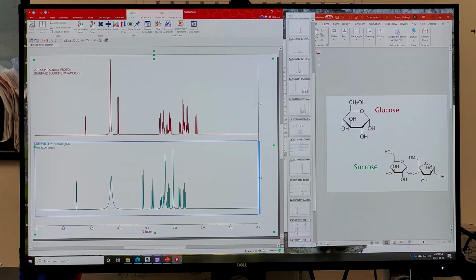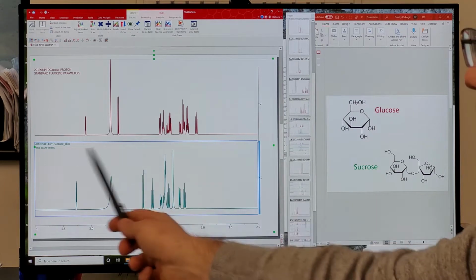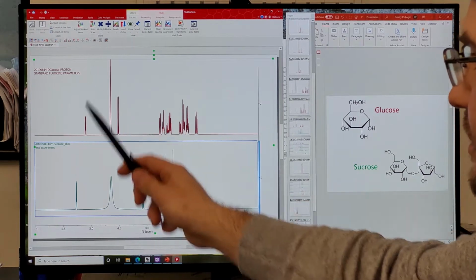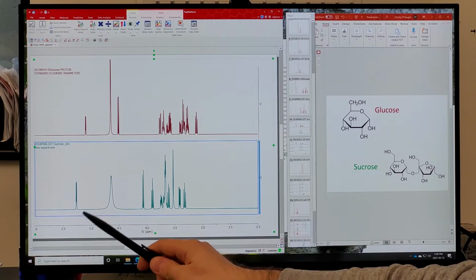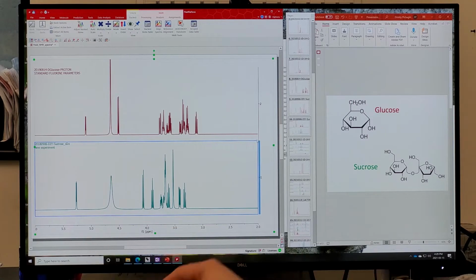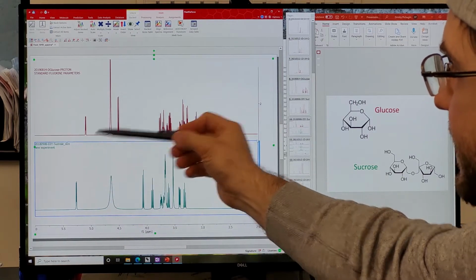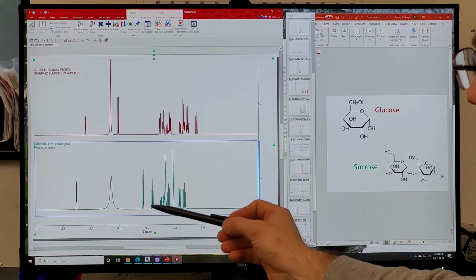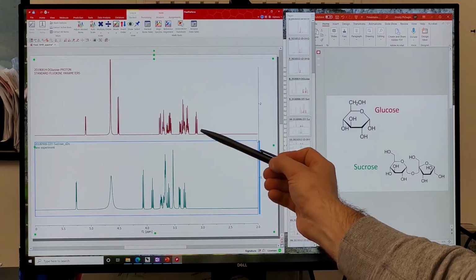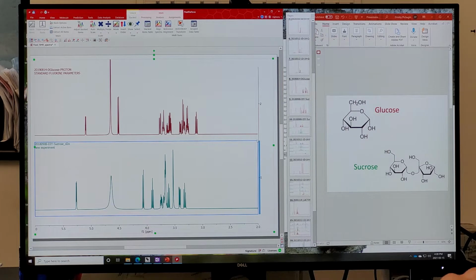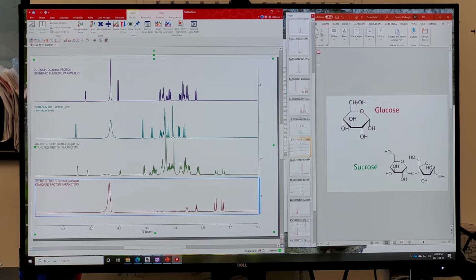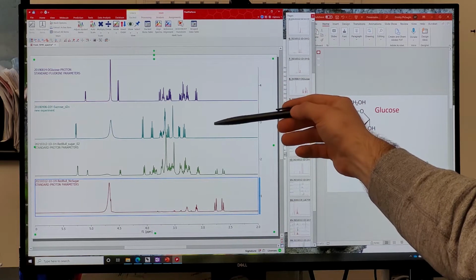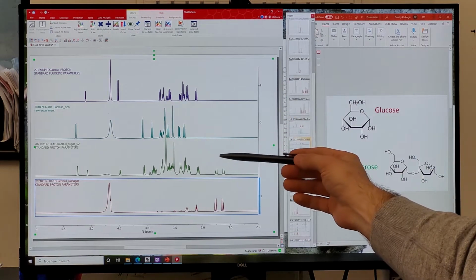But what's important is that by looking at their spectra, this is glucose, this is sucrose, we can identify characteristic peaks. For example, these peaks, and maybe some of these, could be very characteristic peaks which may be easy to identify.